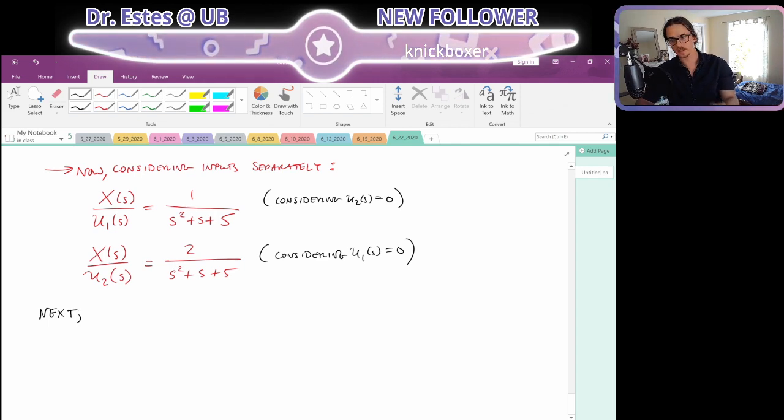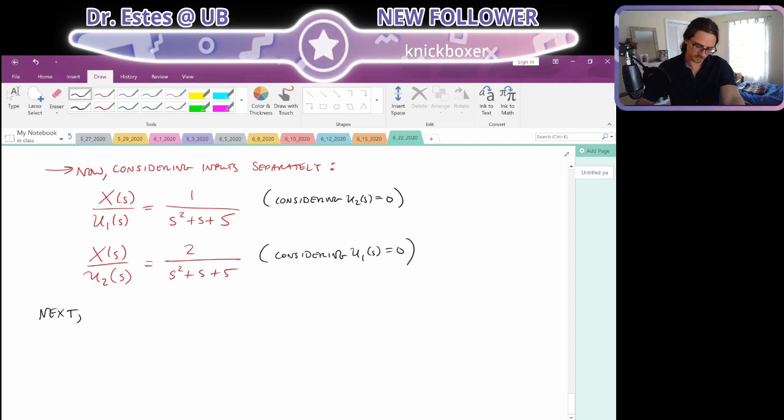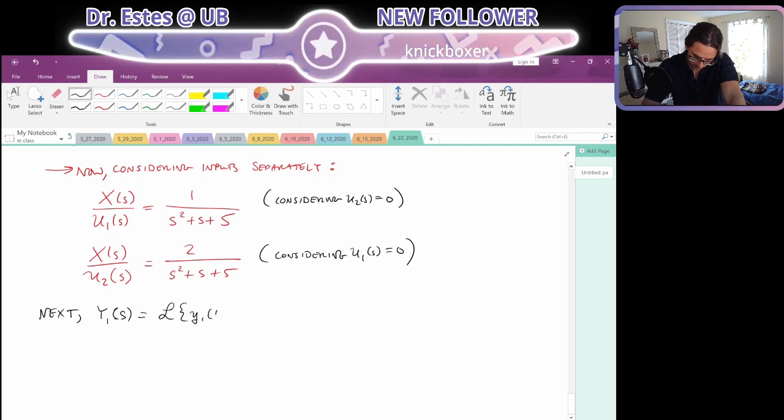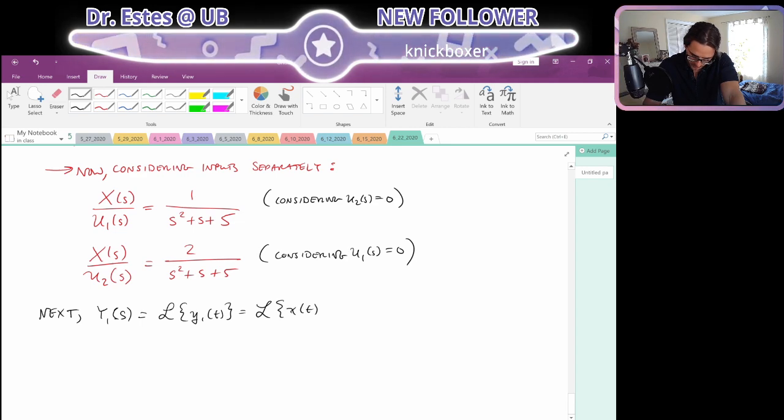So next. Okay, y1 of s is the Laplace transform of y1 of t, which was just x of t.